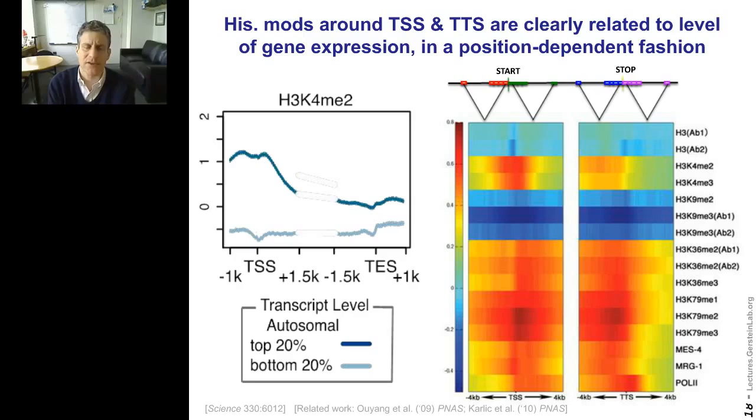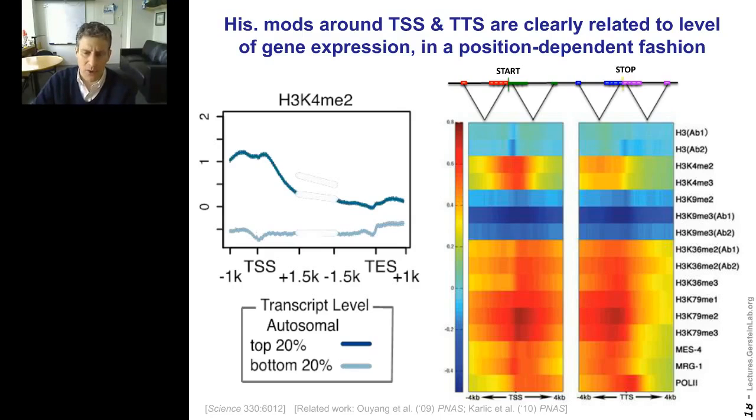And you can see that the red represents more correlation, blue represents anti-correlation. So you can see some marks like H3K9me2 are repressive marks, they're anti-correlated. Some marks like H3K4me2 are red, they're positively correlated, and the correlation really depends on the position. Sometimes the correlation is much stronger close to the TSS and weaker farther from the TSS.